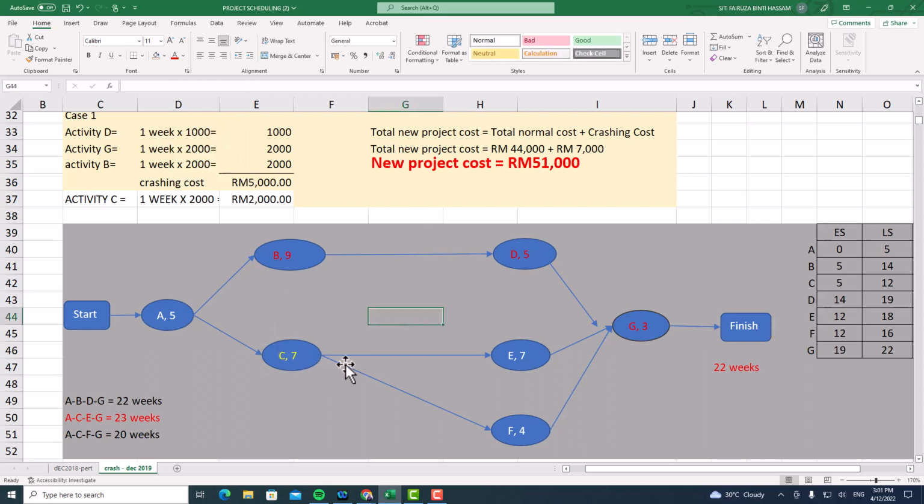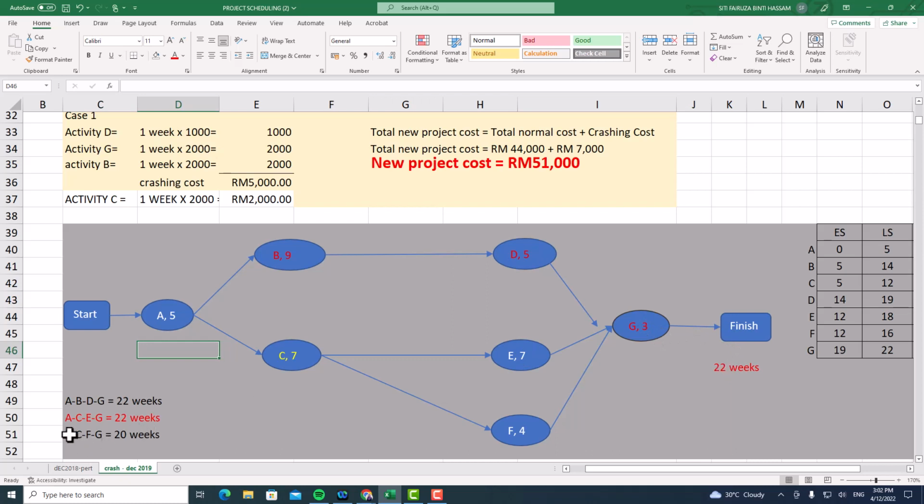By right, if you calculate again, the first path A, B, D, G will have 22 weeks, and then the second path between A, C, E, G will have 22 weeks as well. You can double check by 5 plus 7 plus 7 and plus 3. Okay, you will get 22.